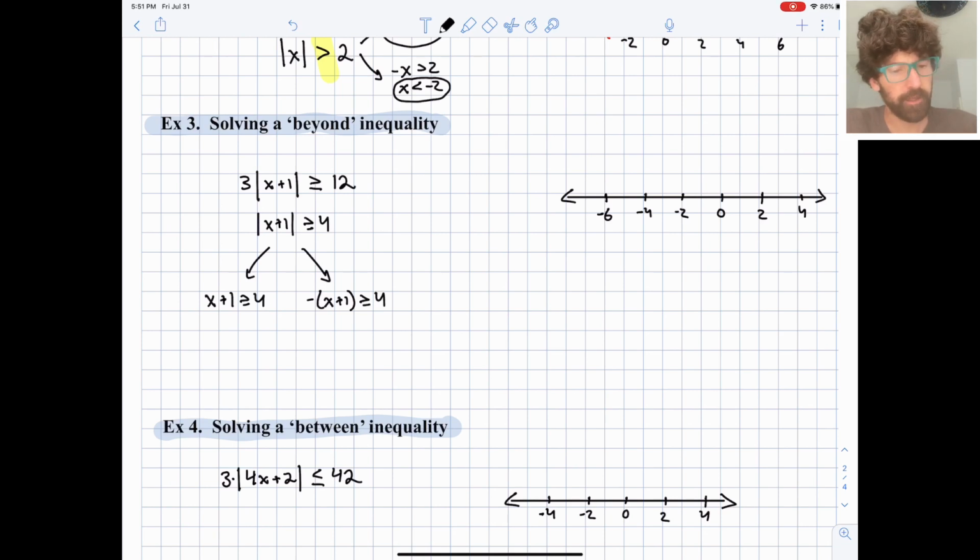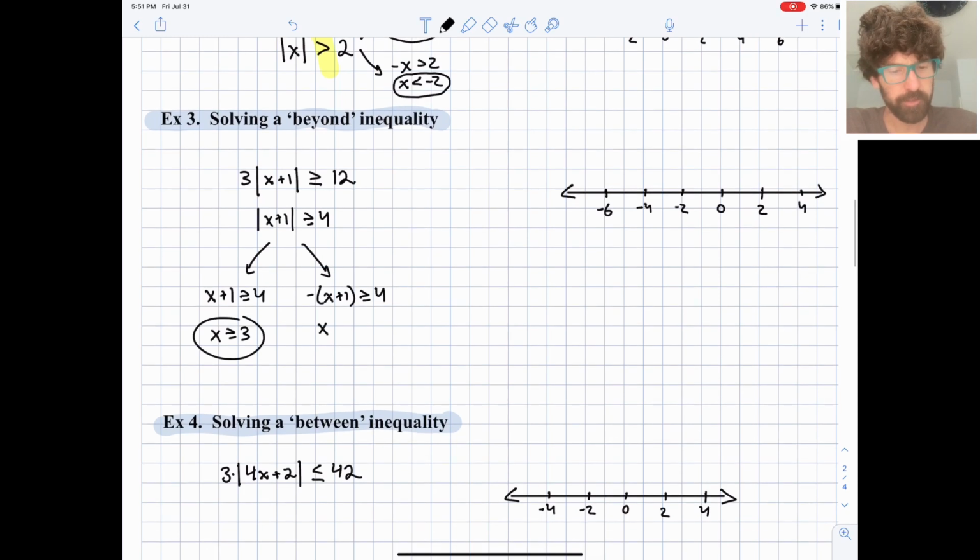And let's keep following this first pathway. This means x is greater than or equal to 3. So that's one portion of our inequality. Let's divide by negative 1 on the other one. X plus 1 is less than or equal to negative 4. So x is less than or equal to negative 5.